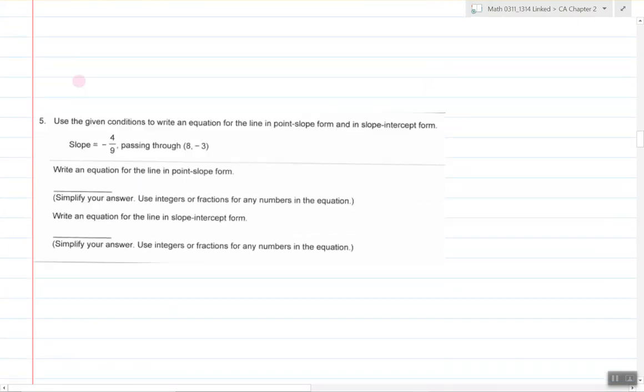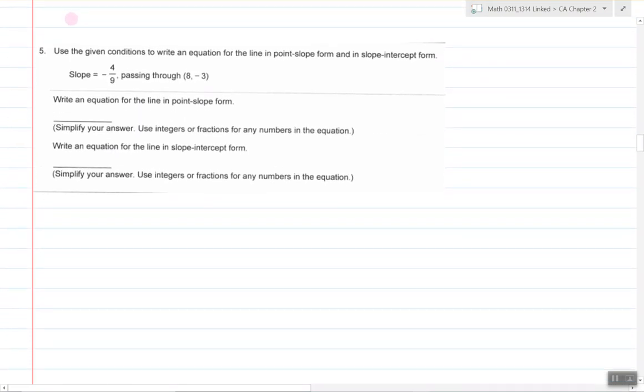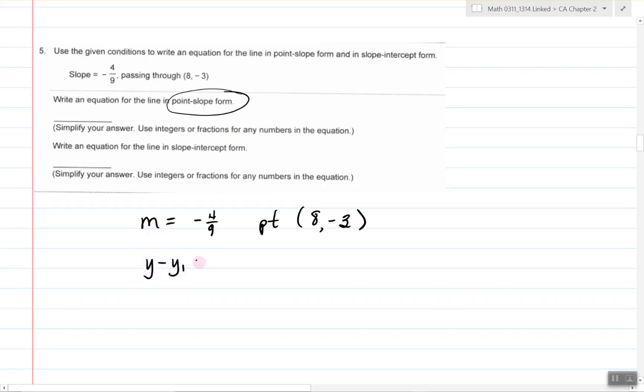All right, let's look at number 5. The instructions are the same. We are given m is equal to -4/9, and the point that it passes through is (8, -3). First, write an equation in point-slope form. Point-slope: y minus y1 equals m times x minus x1.